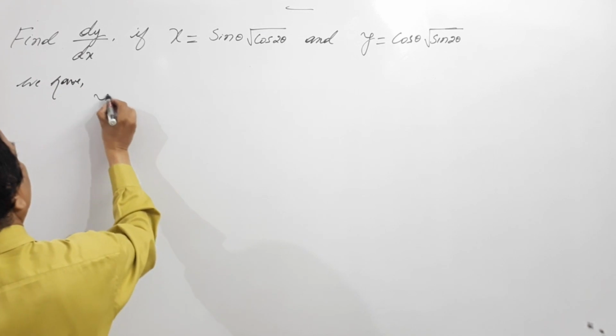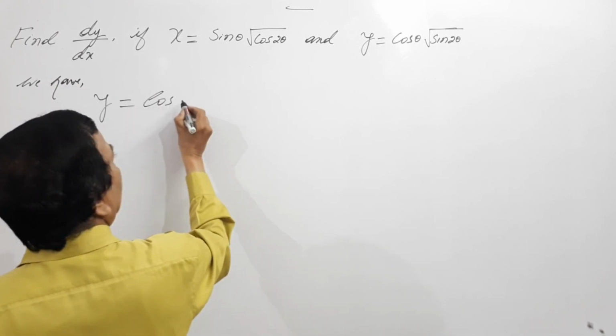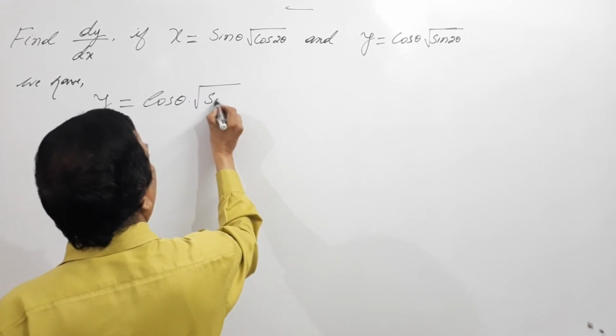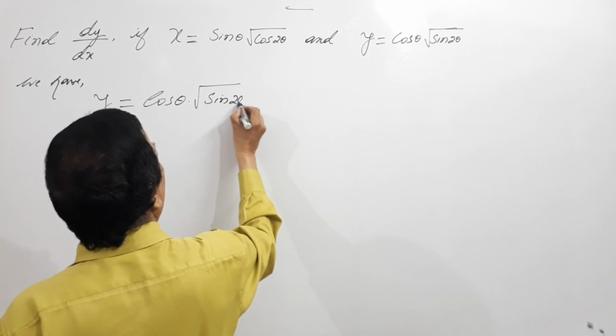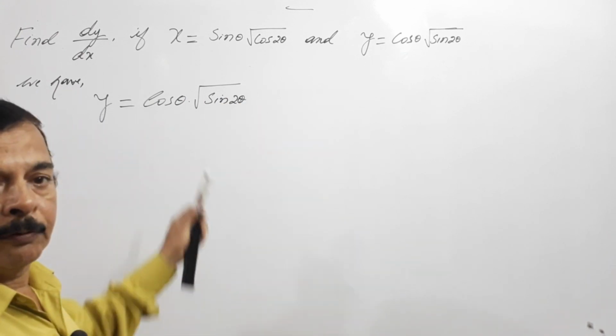We have y equals cos theta into under the root sin 2 theta. So use product rule to differentiate this.